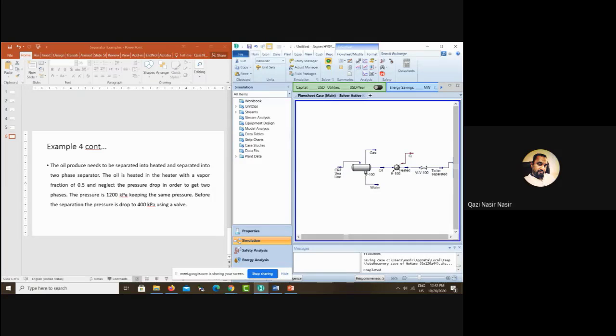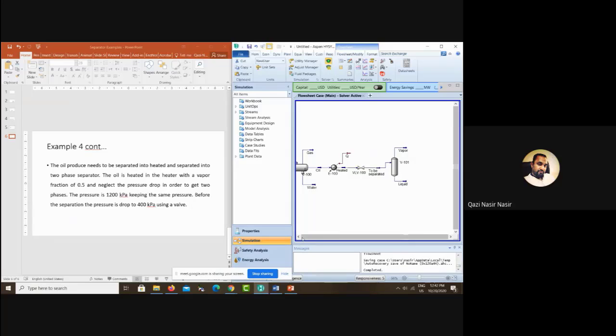Obviously, in the industry, they will take the oil from the ground and they need to check that, right? But in this case, we just want to create one stream and see if we have gas, oil, and water in that stream, and whether we can use two different separators to separate the liquid out from the vapor. Technically, yes, you are getting 77% of the heavy fractions on the bottom, and whatever is left you are getting in the vapor.